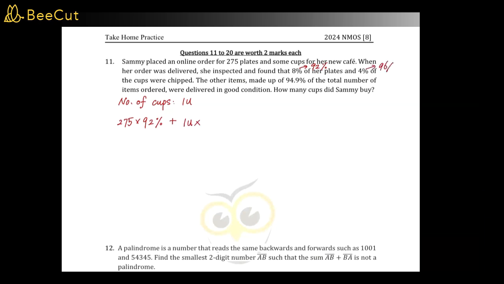The remaining 96% were in good condition. This is 1U times 96%, equals to the total number of the plates and cups. So 275 plus 1U, those in good condition is 94.9%.